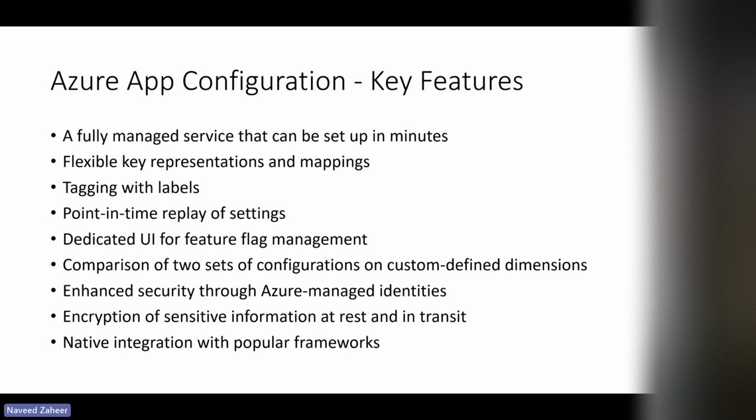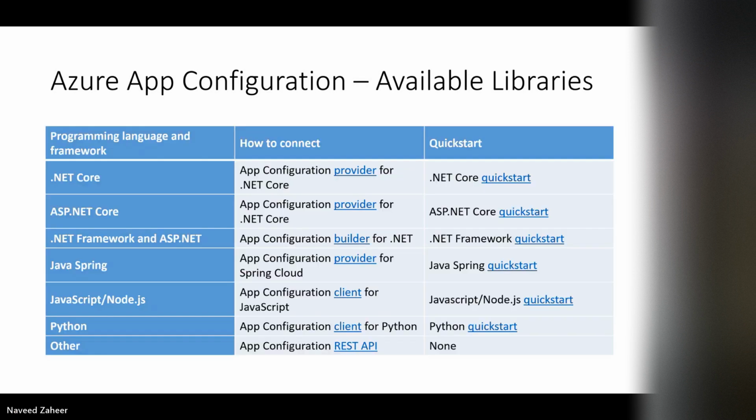And of course, there's a UI to maintain all this information. And this is a summary of the libraries that are available to access. If there is nothing available, you can always use the REST APIs to access this information.